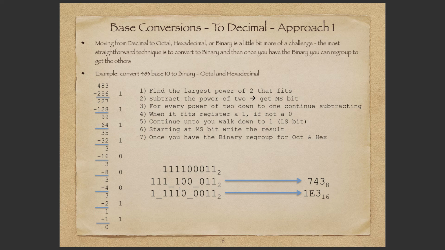I have no 16s, so I put a 0. I have no 8s, I put a 0. I have no 4, I put a 0. But of course I have a 2 and a 1. And when I write the number, the first one I wrote is the MSB. The last number I wrote is the LSB.